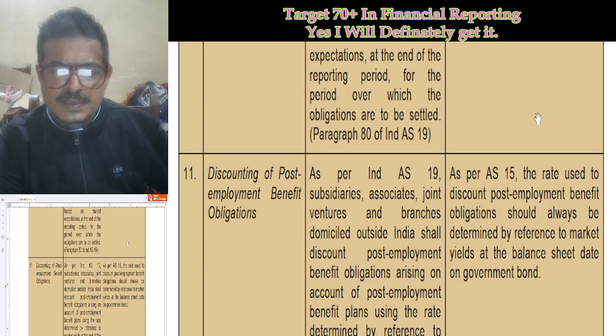As per AS 15, the rate used to discount post-employment benefit obligations should always be determined by reference to market yield at the balance sheet date on government bonds.